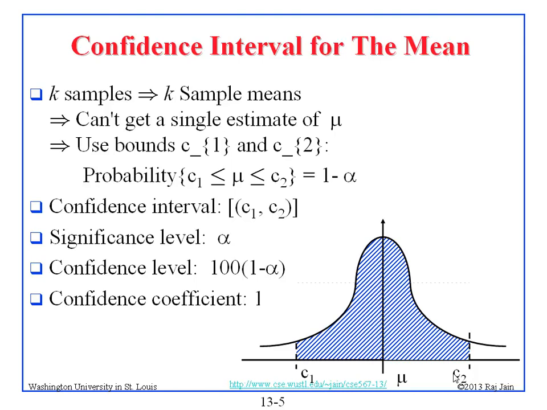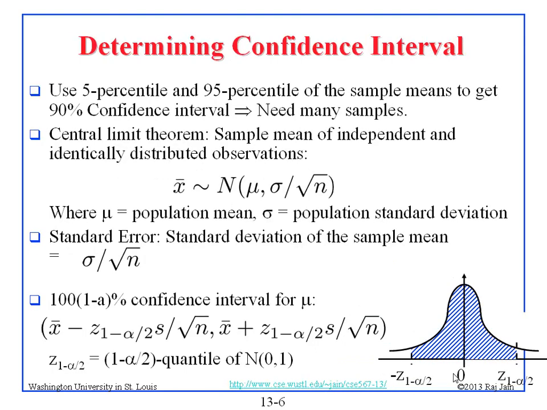Okay? And so basically, all we want to do is get two bounds, C1 and C2, such that given whatever we know so far, we are sure that the mu lies in that range. Okay? Now, so how do you get it?